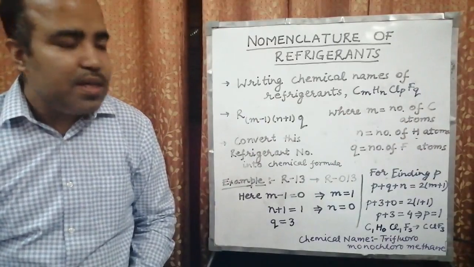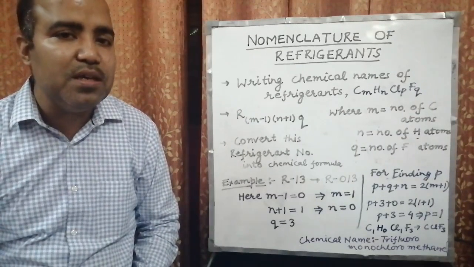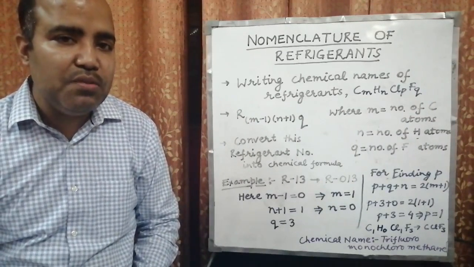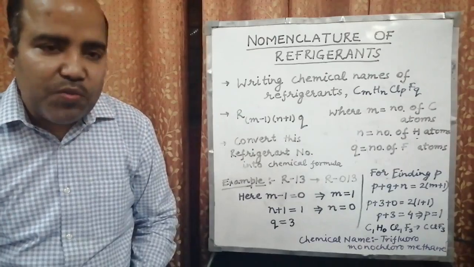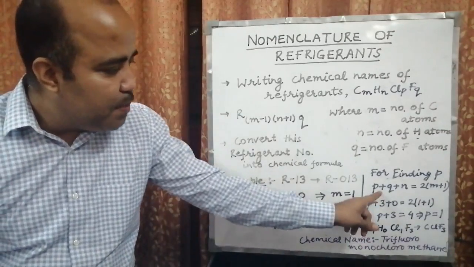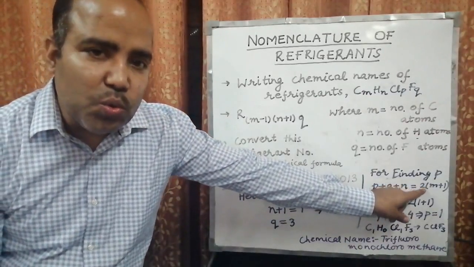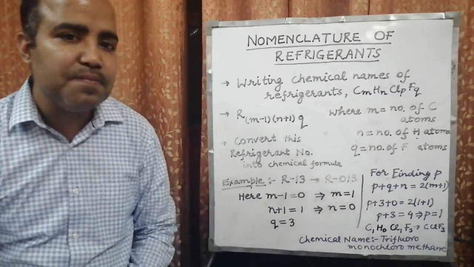Now in this chemical formula we are left with the value of P, which is still required to be found out. For finding P, we have to use the equation P plus Q plus N is equal to 2M plus 1.